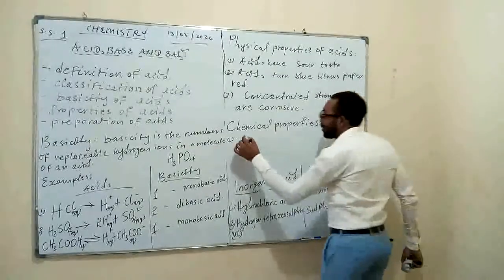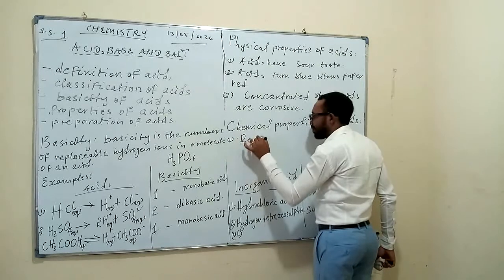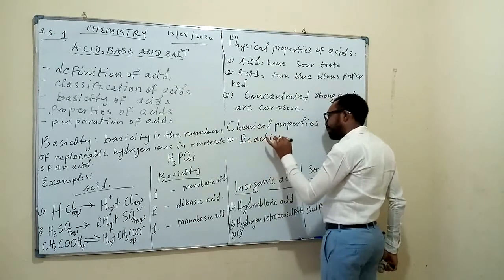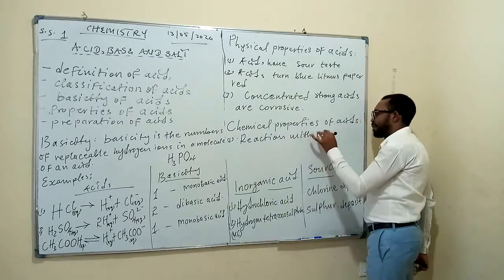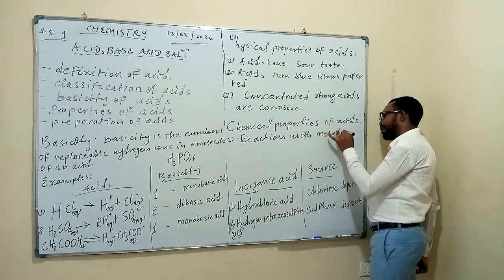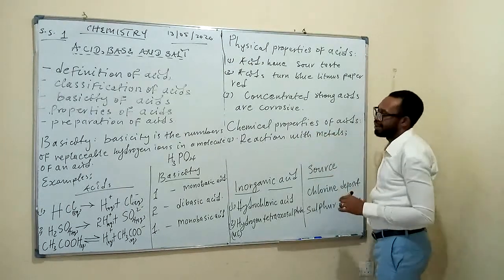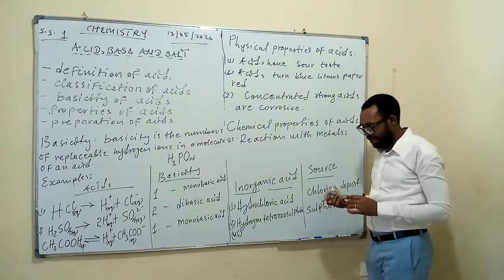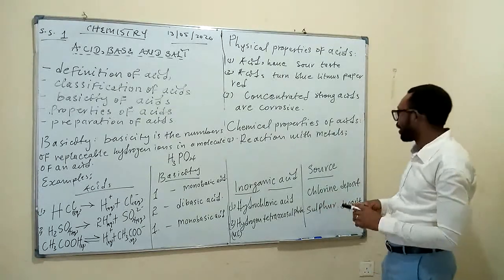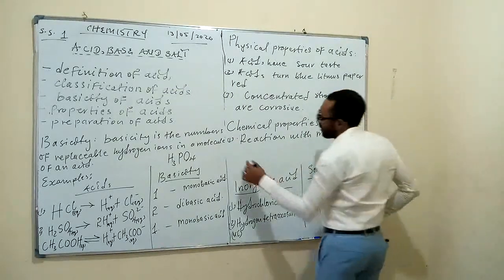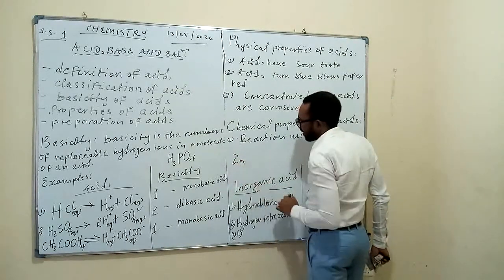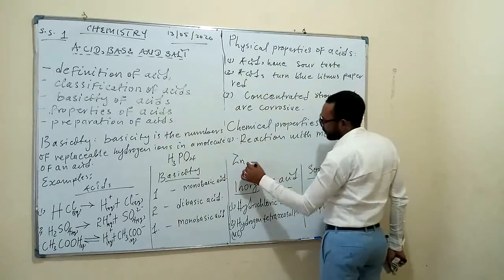Let's pick one. Reaction with metals. Acid reacts with metals to produce the salts of those metals. Let's take, for instance, zinc, which is a metal.